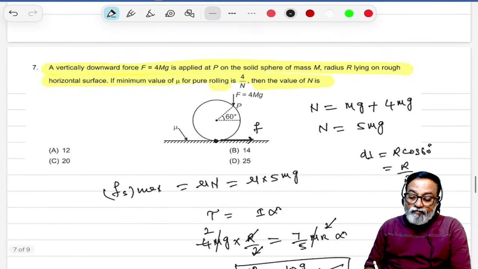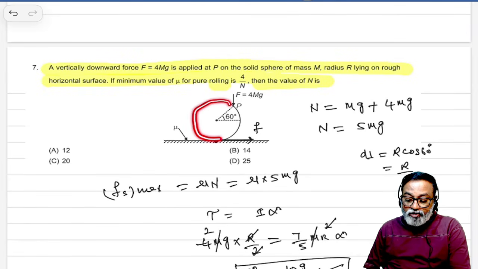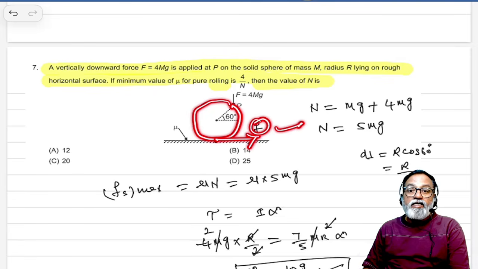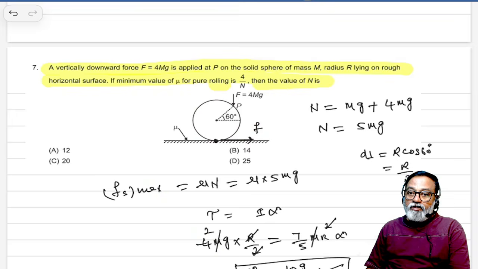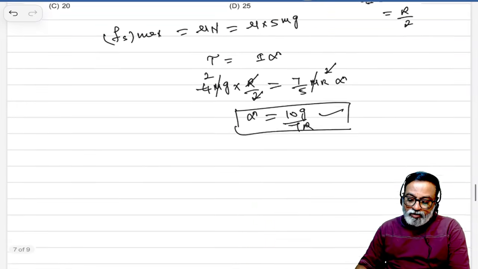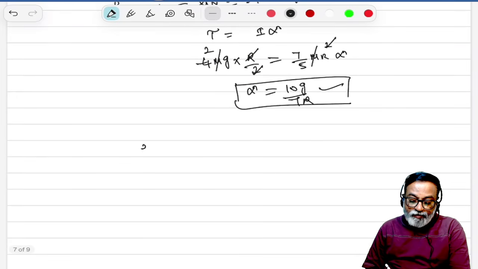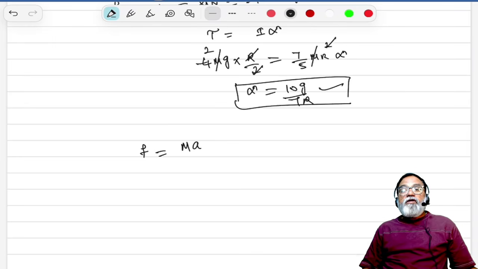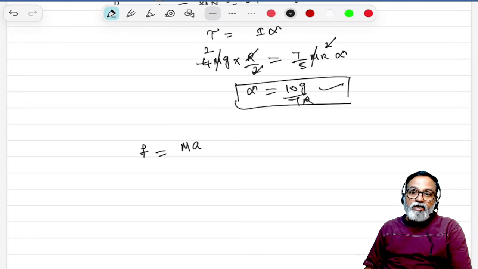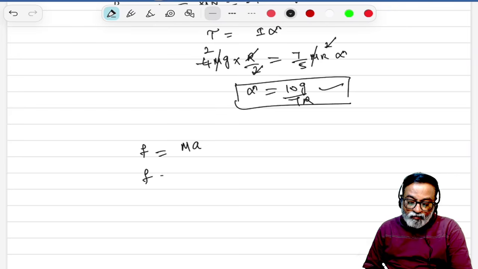But for this sphere, the translational motion is due to friction. The horizontal directional active force is only friction. But friction causes translatory motion. The friction F is equal to m into a. For pure rolling, a is equal to r alpha. Therefore, F is equal to m into r alpha.